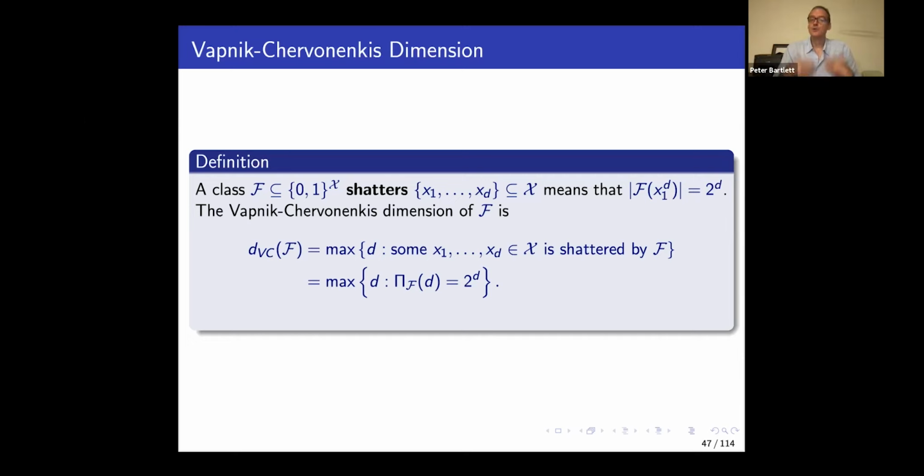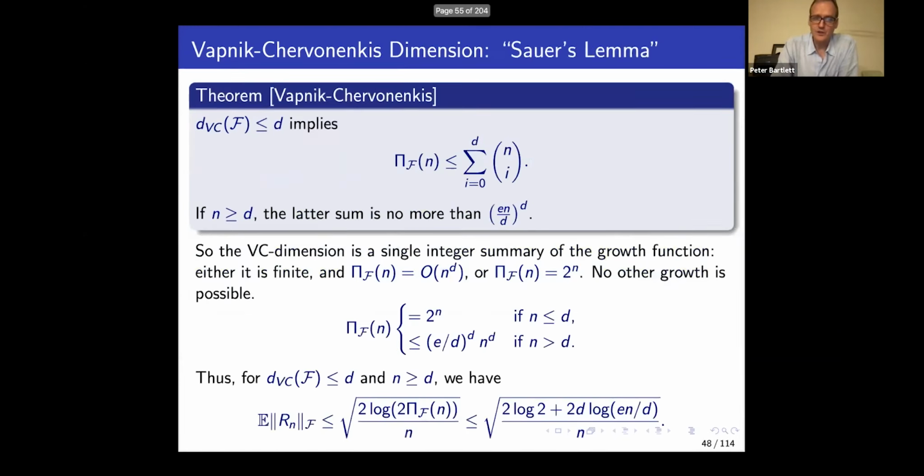So you can get all 2 to the d distinct 0, 1 patterns on that set. Okay, so it's the biggest d where the growth function evaluated at d is equal to 2 to the d. So the nice thing about the definition of the VC dimension is that it tells us essentially everything there is to know about this growth function.